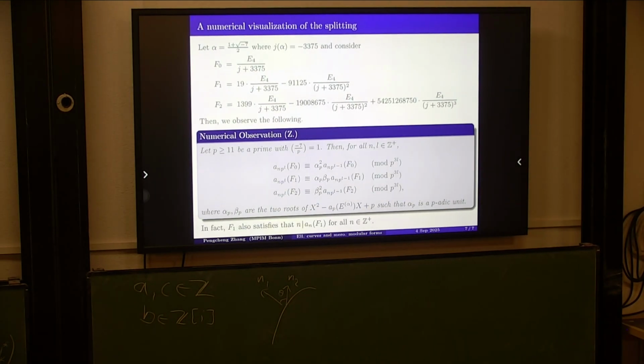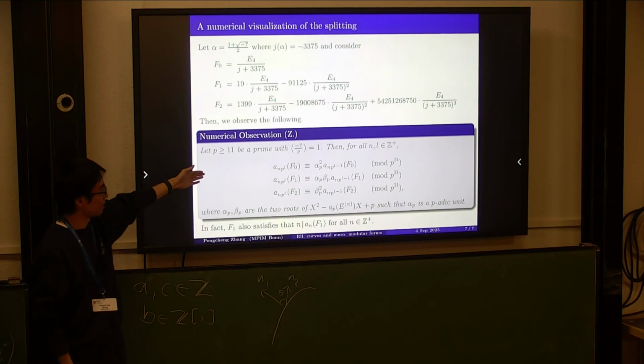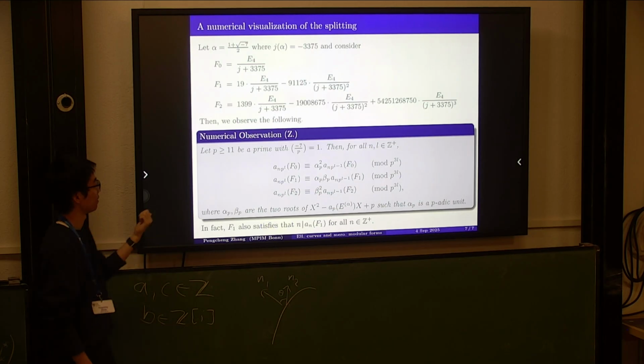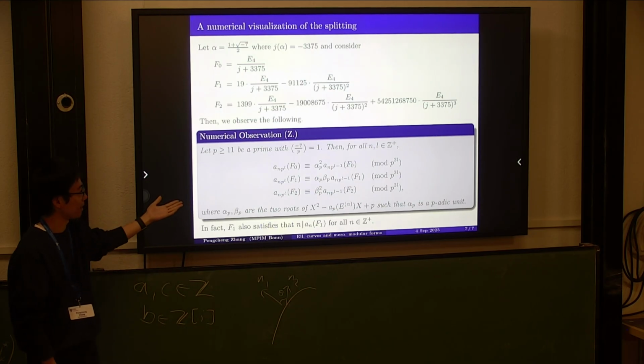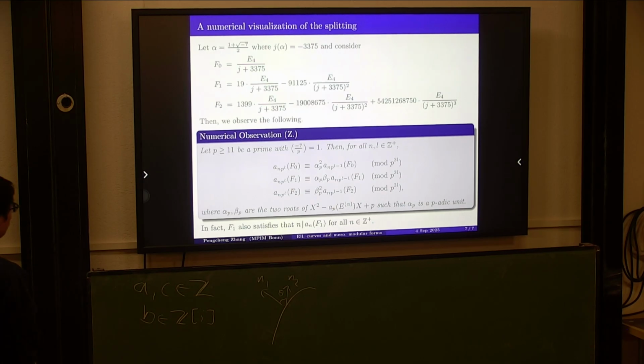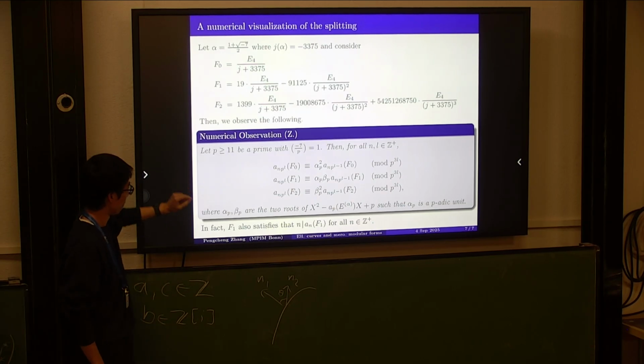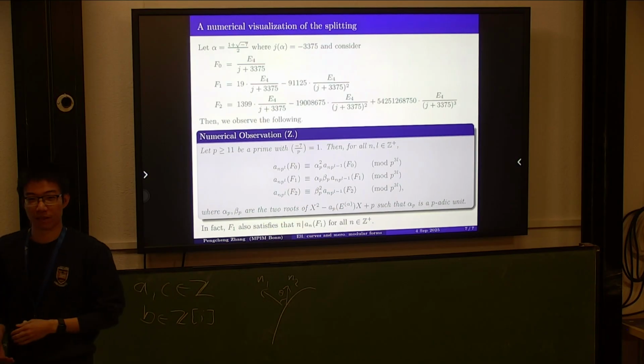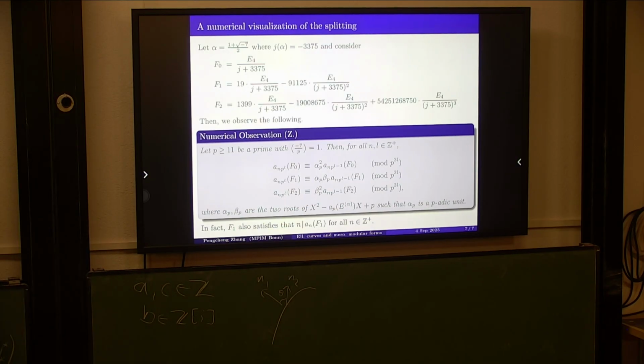We can observe that the first one looks like a U_p eigenform with eigenvalue alpha_p squared, the second is a U_p eigenform with eigenvalue alpha_p beta_p, and the third with eigenvalue beta_p squared. I also want to highlight that the second one also satisfies the original divisibility relation that I presented: n divides the nth Fourier coefficient for all n.